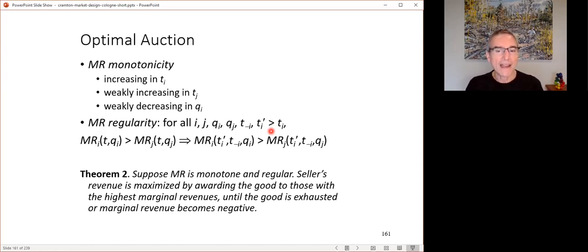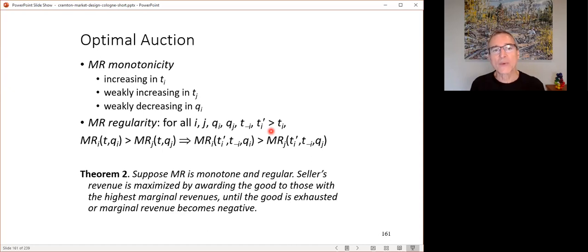And I basically look for who among you has the highest marginal revenue. And I start allocating quantity to you. As I allocate quantity to you, your marginal revenue falls by this monotonicity. And eventually I'll get to the point where somebody else has just as high a marginal revenue as you do, in which case I'll start allocating quantity to both of you. And I'll keep doing this until marginal revenue turns negative. At that point, I'll stop.